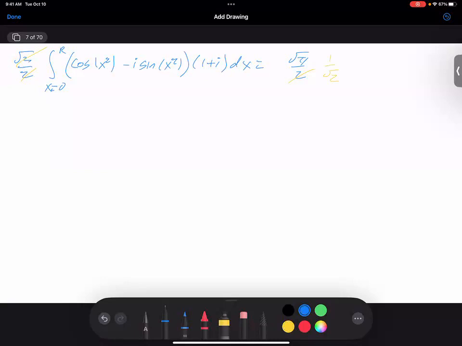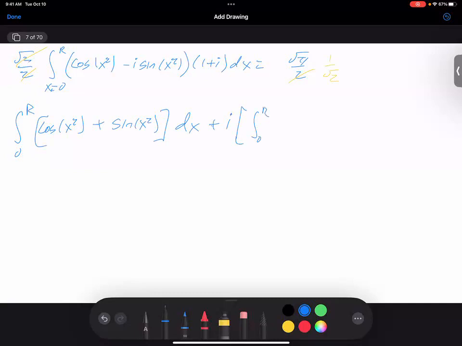So now, let's look at the real and the imaginary parts. We have the integral from 0 to r of cosine x squared plus sine x squared dx. That's the real part. And then the imaginary part, we're going to have the integral from 0 to r.